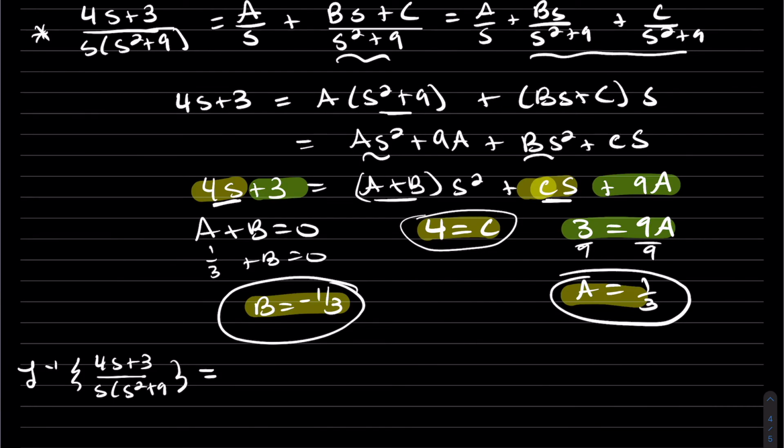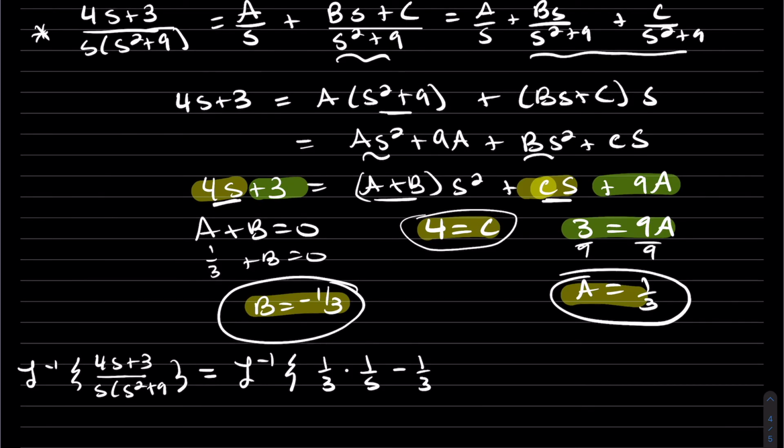So this is equal to the Laplace inverse. The A is the 1/3 times 1 over s, plus the B is the minus 1/3 times the s over s squared plus 9, and then the C, the 4, times the 1 over s squared plus 9.